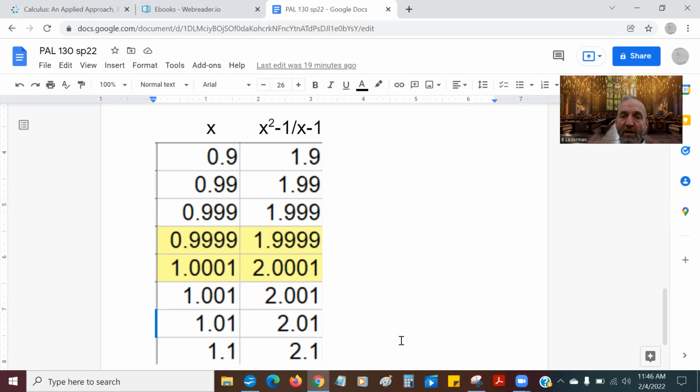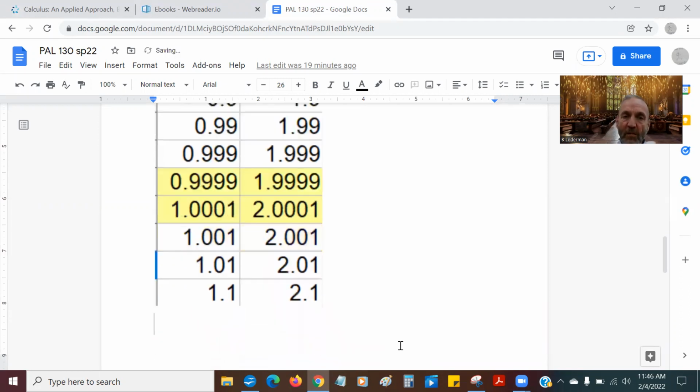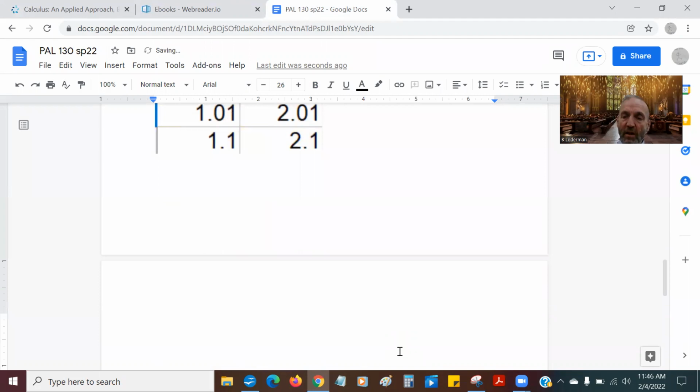So I would say that the limit of this function as x approaches 1 is 2. The limit as x approaches 1 is 2.